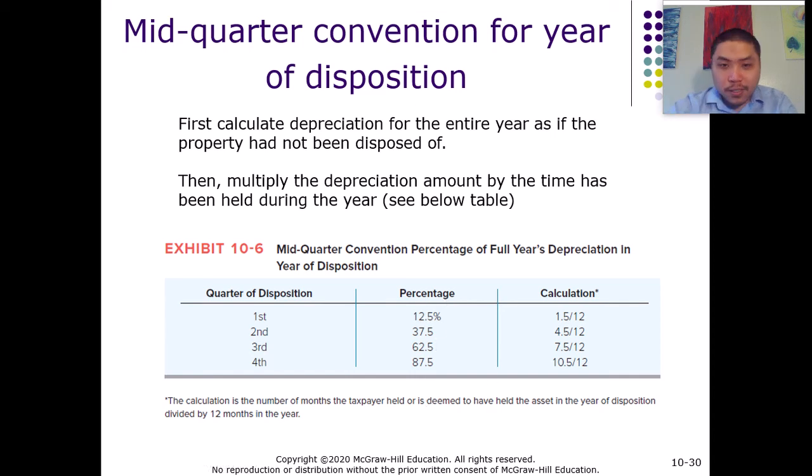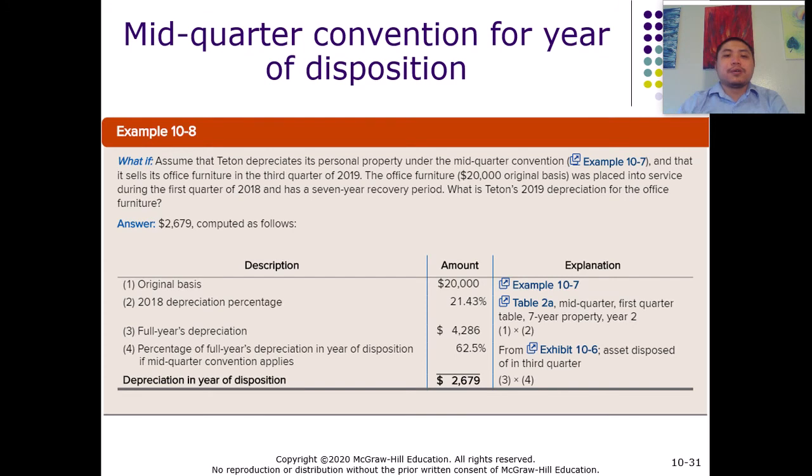So let's look at one example. In this case, it says that this company depreciates its personal property under the mid-quarter convention, and it sells all of its office furniture in the third quarter of 2019, which is 1 year after it acquired this furniture.